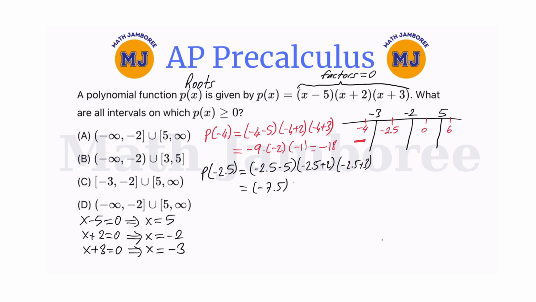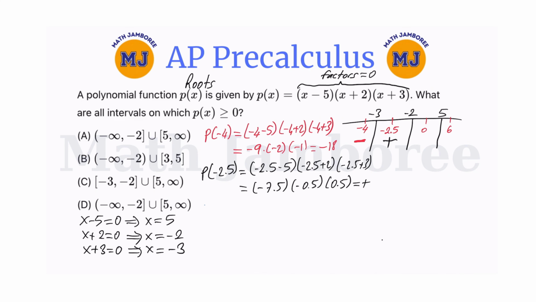This is negative 0.5. And this is positive 0.5. There are 2 negative signs, which means the result must be positive. And you don't need to calculate the multiplications here. You don't have to do that multiplication. All you need is the sign.